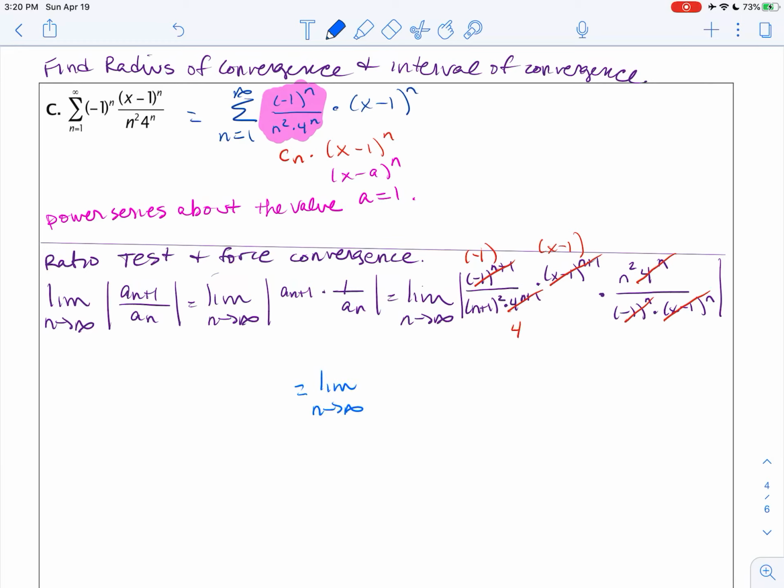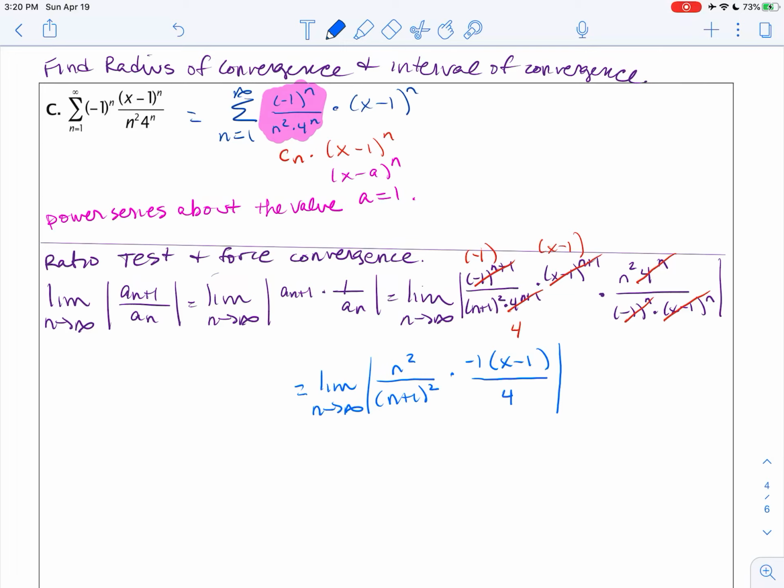This is going to equal the limit as n goes to infinity of the absolute value. And I see that I still have n squared, and I see that I have n plus 1 squared, and I see that I still have in the numerator that minus 1. If you still want to include it, it's okay. And for the sake here, since I did include it, I will. And I have over 4 in the denominator, absolute value.